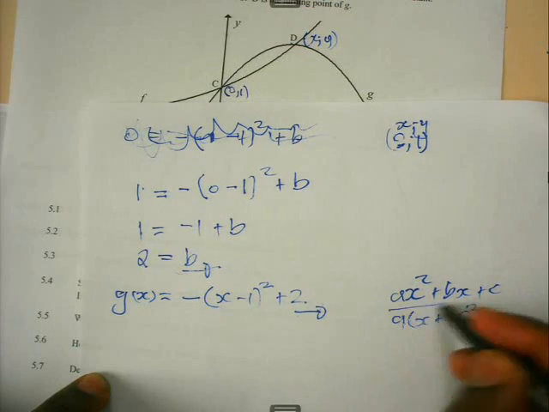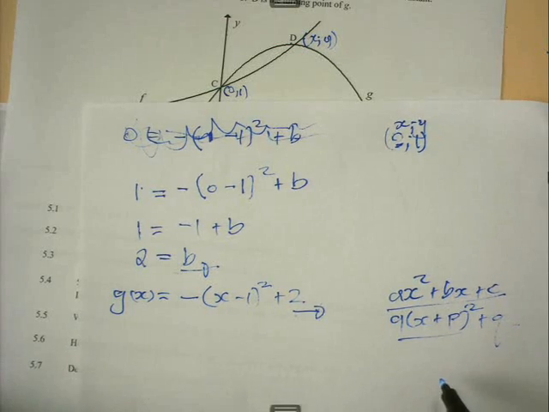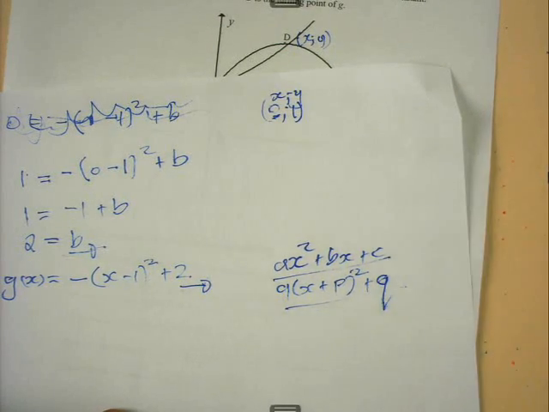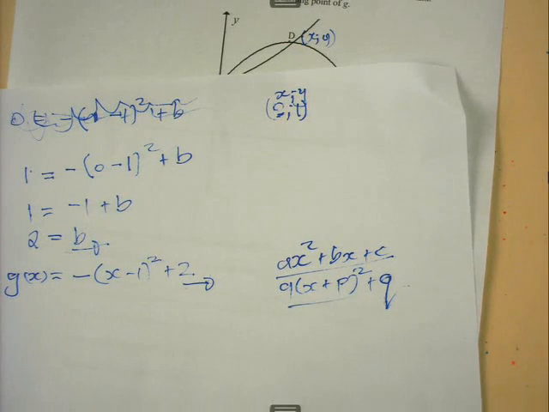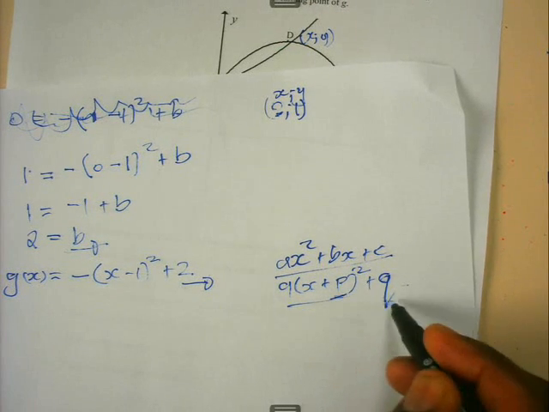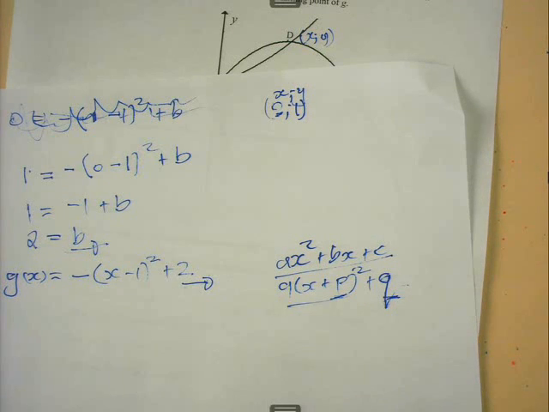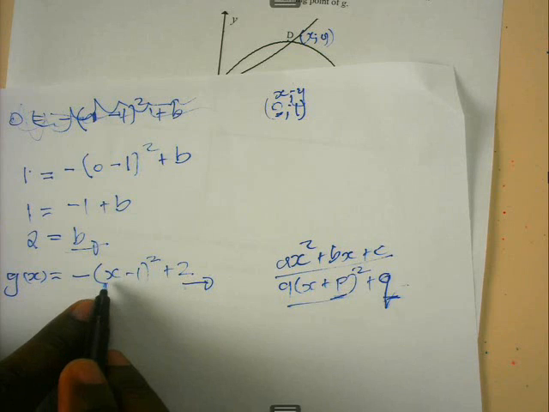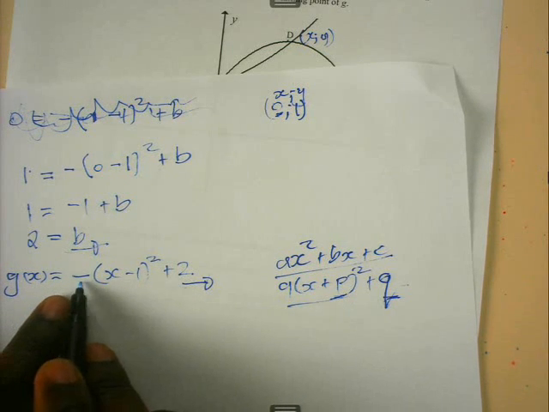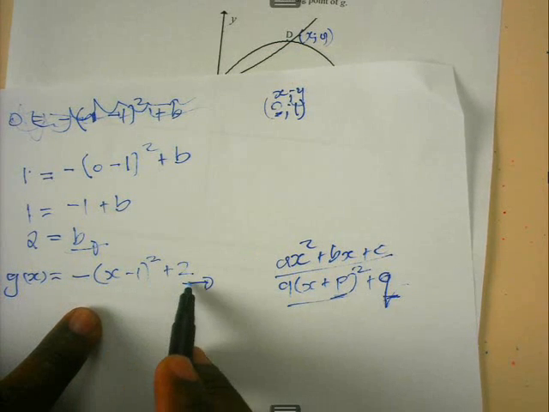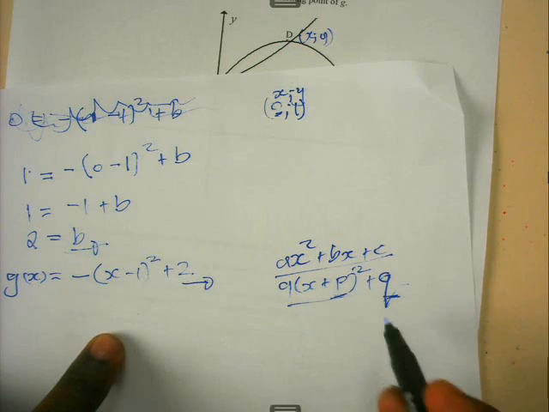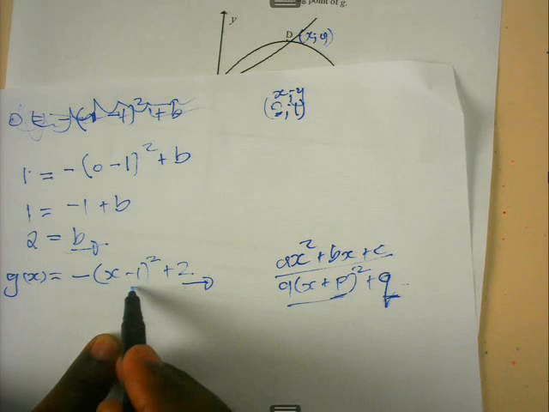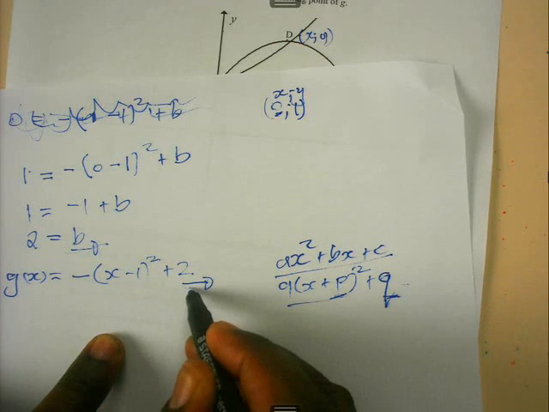This time it's written in this form, so we do not have a problem determining the coordinates of the turning point, since they are going to be p and q. Now, the equation of the graph reads g of x equals negative in bracket x minus 1 all squared plus 2. From this, we must identify the p and the q.